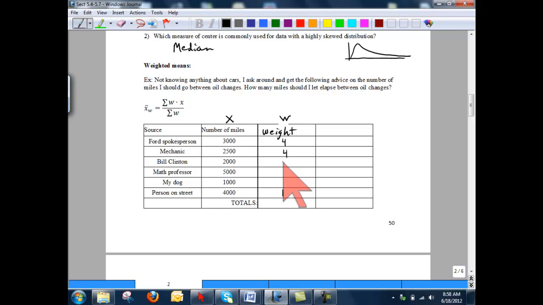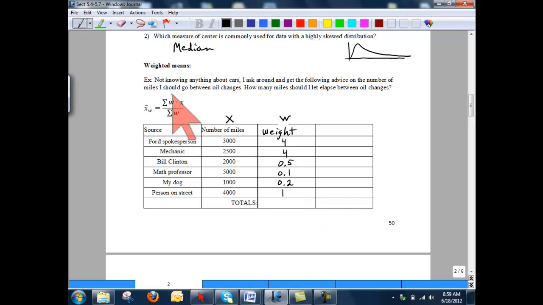Bill Clinton, well, Bill Clinton doesn't drive a car probably, let alone be responsible for its oil changes, so let's give him a weight of 0.5. And everybody knows that math professors know nothing at all, and so 0.1. And my dog, in order not to hurt his feelings, let's give him 0.2 weight. Those were subjective choices. You might have different ones.